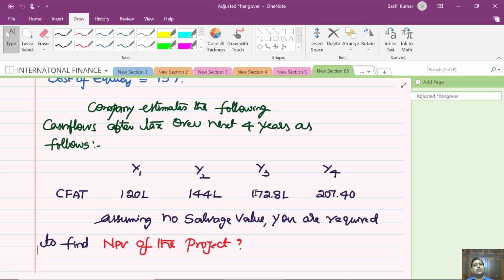Then, if I am ready to do so, I would get 120, 144, 172.8 and 207.4 lakhs over a period of 4 years. See, from this project, I should recover two aspects. The money I am going to invest in this project, that is 400 lakhs.